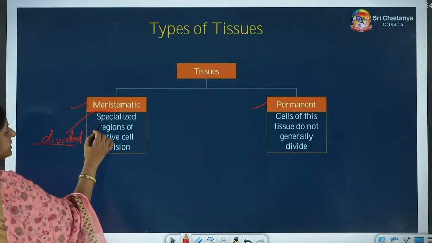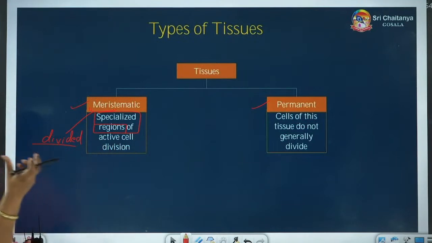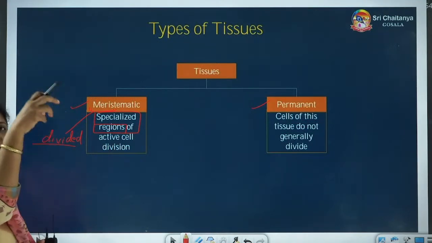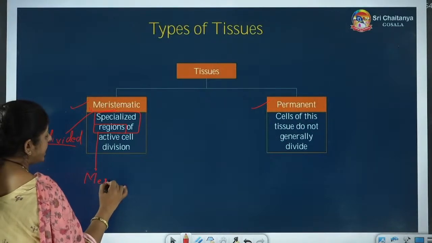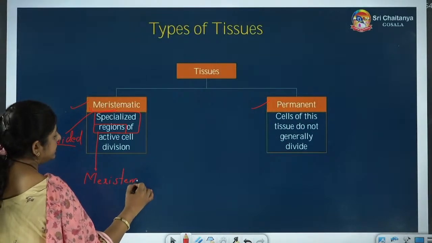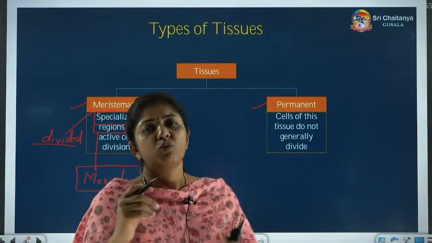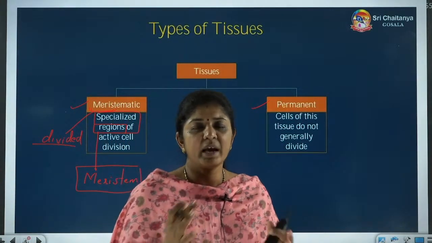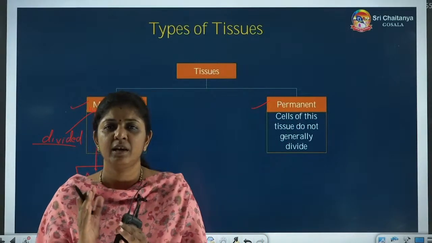And where are they present? They are present in specialized regions. Region means an area of the plant, and that region you call meristem. Please listen to this point very carefully. What do you mean by meristem and by meristematic tissue or meristematic cell?